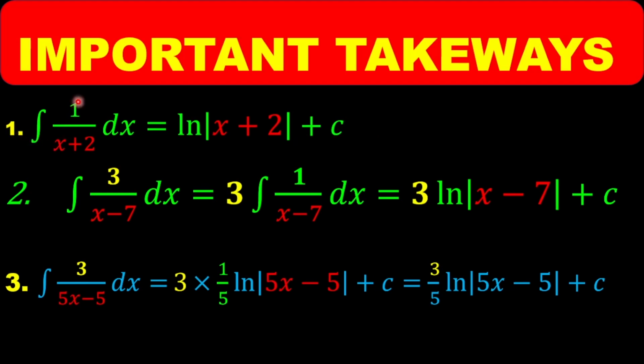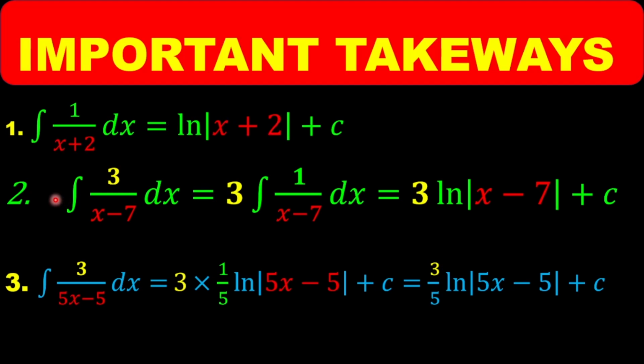That is, the top must be 1 and the bottom must be some algebra. So the standard integral is the natural log of the absolute value of the denominator you have, that is x plus 2, in absolute value, plus c.